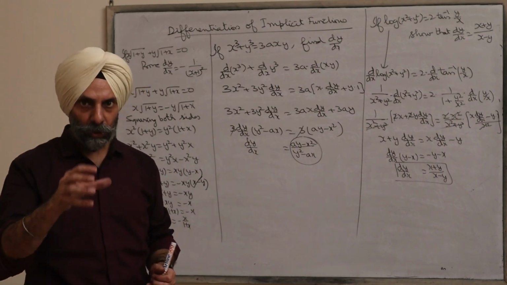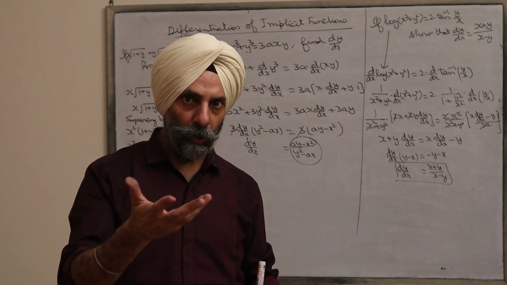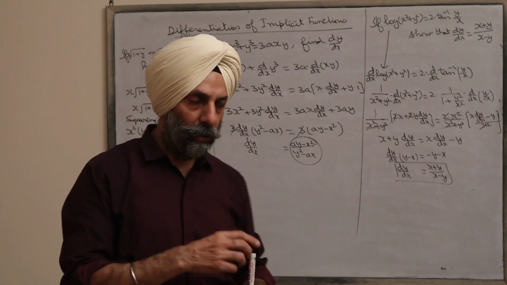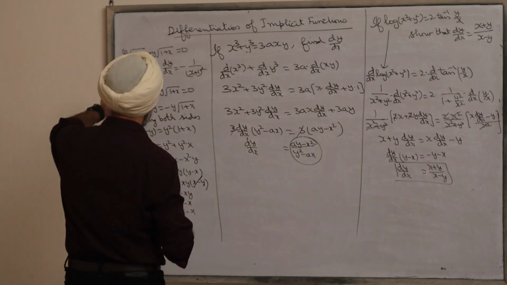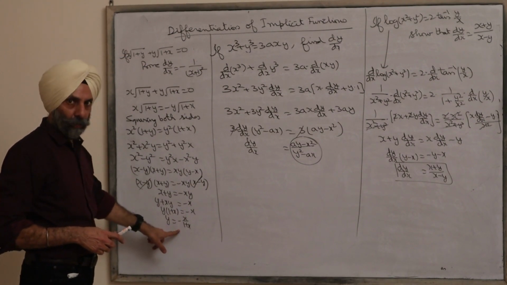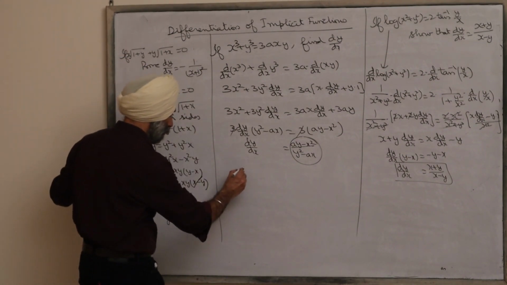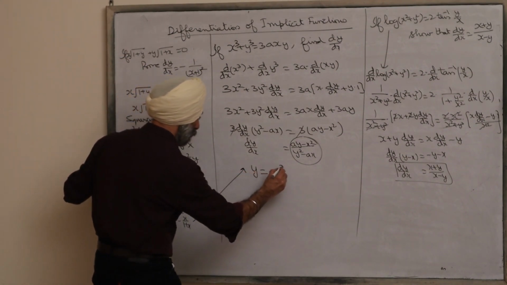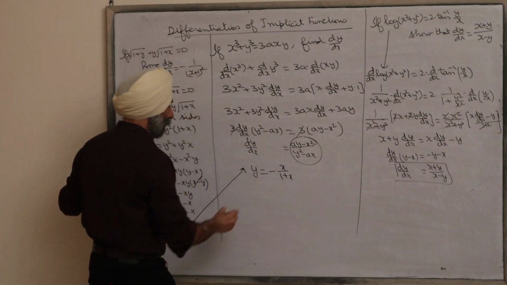Now before solving this question, we had discussed that we need to write down this function in the explicit form. Now this is written in the explicit form as minus x over 1 plus x.